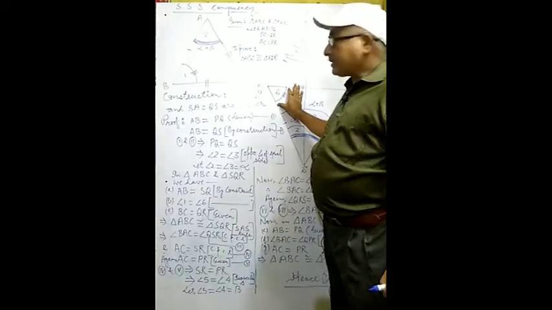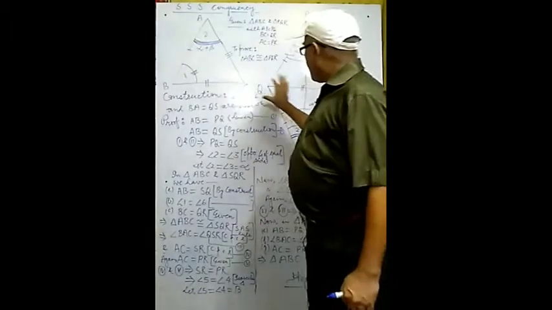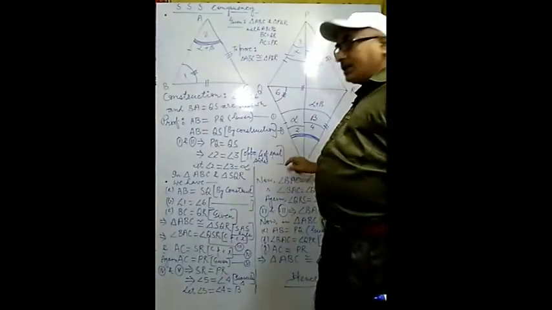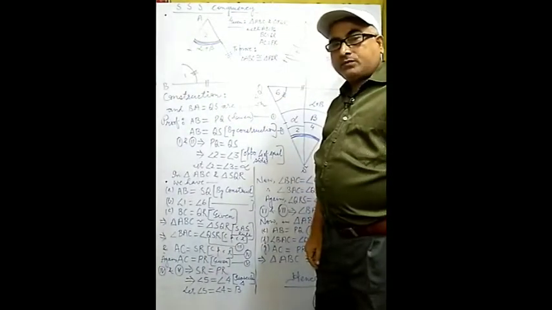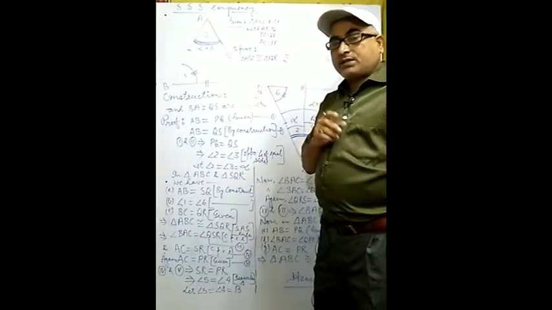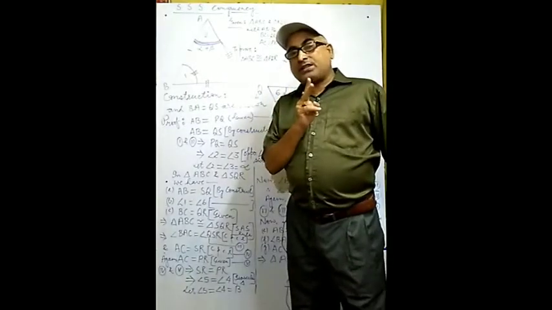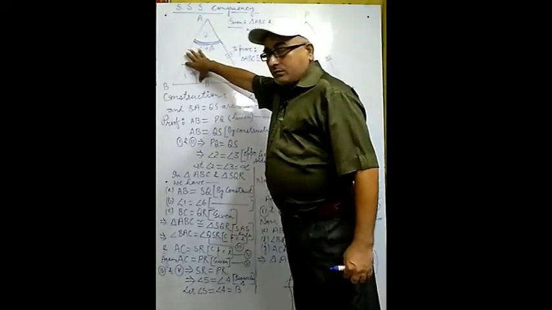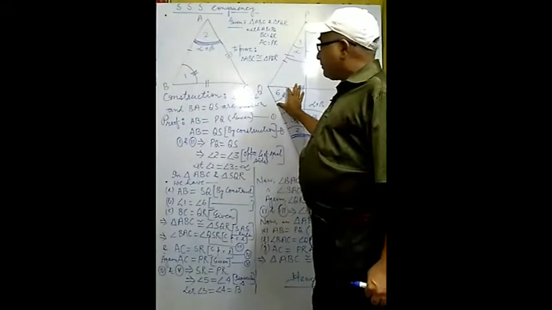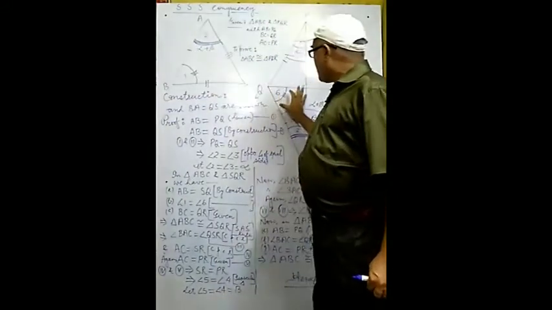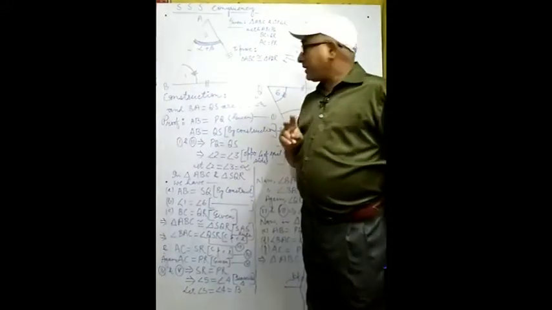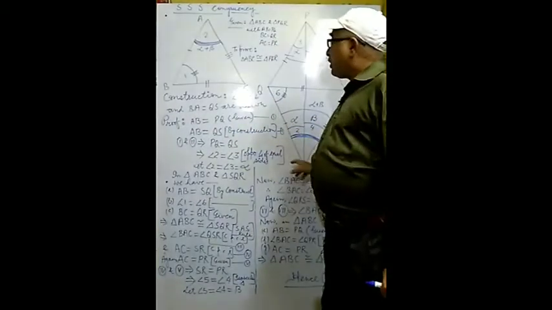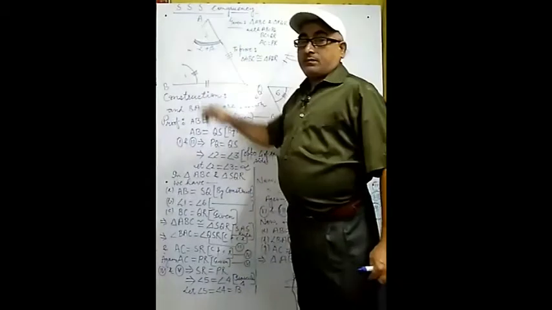This is part of the construction: angle 1 equals angle 6, and BA equals QS is taken. There are two parts of construction. Firstly, we construct an angle so that angle 1 equals angle 6. Second, QS will be equal to BA.